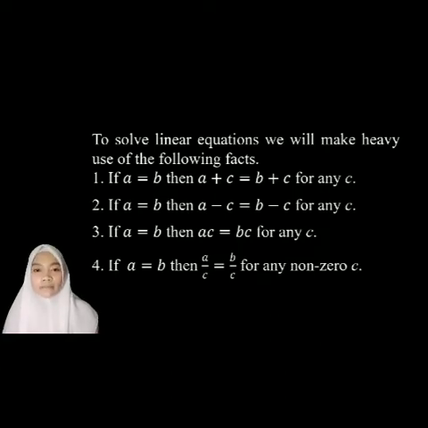These facts form the base of almost all the solving techniques that we will be looking at in this chapter, so it's very important that you know them and don't forget about them. One way to think of these rules is the following: what we do to one side of an equation, we have to do to the other side of the equation. If you remember that, then you will always get this part correct.